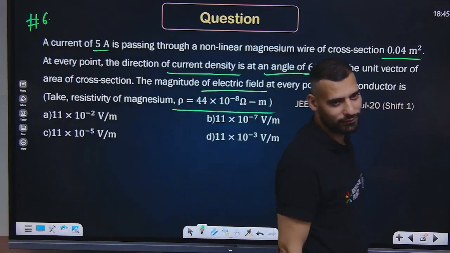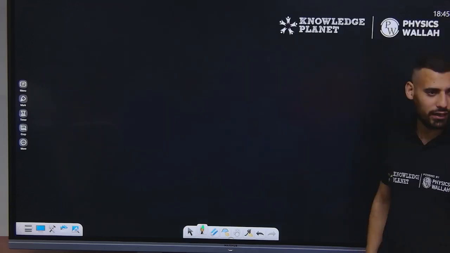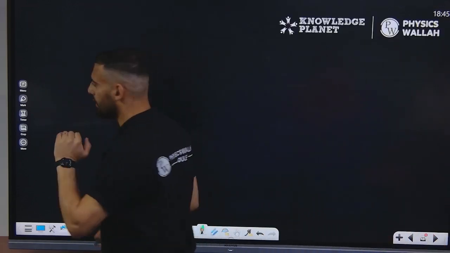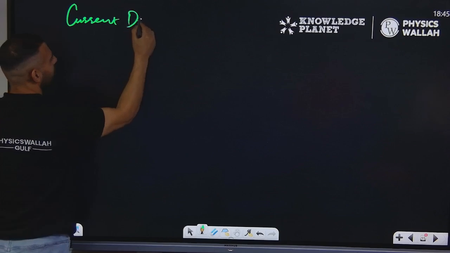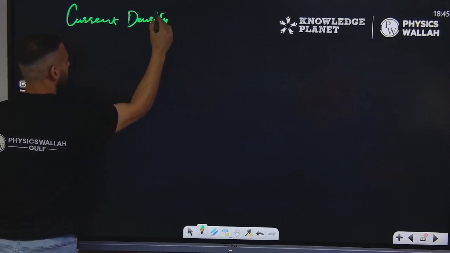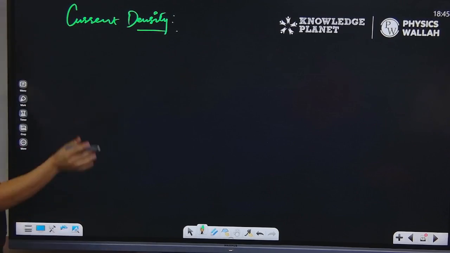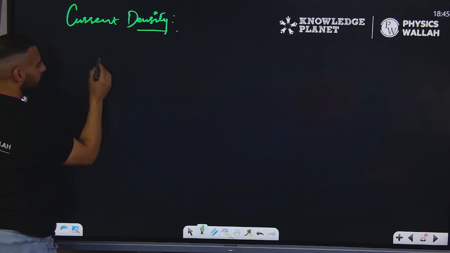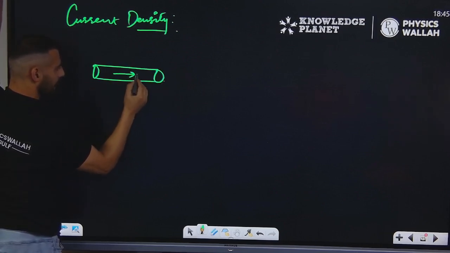So see, what is current density? Something very important. When you talk about current density, you define, for example, there is a conductor, some current I is flowing through it.